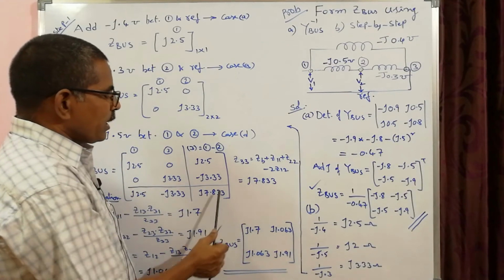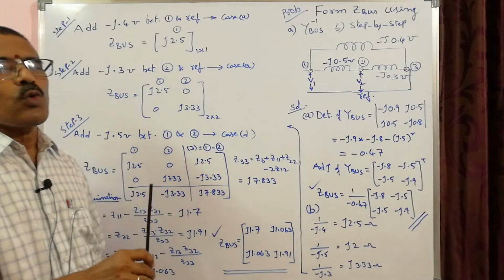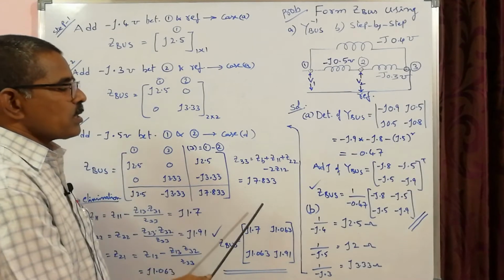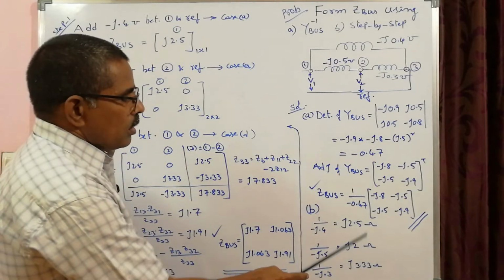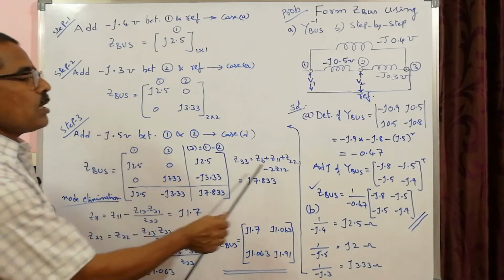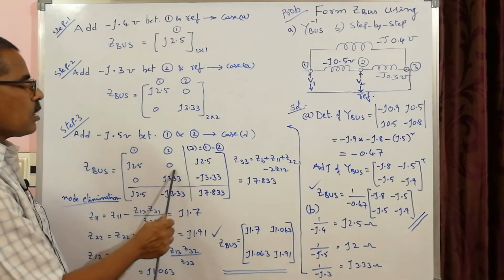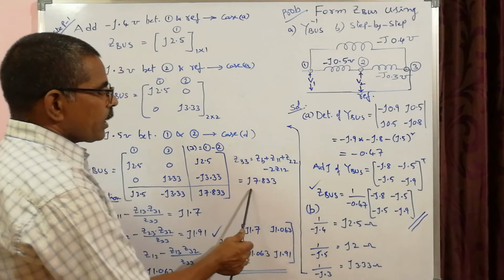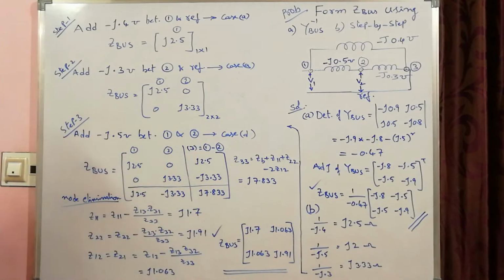So, Z33, this is ZB plus Z11 plus Z22 minus 2Z12. Okay, that is what is this. And if I substitute ZB, which is J2, and then Z11 is this, Z22 is this, Z12 is 0. Okay. So, substituting everything, I will be getting J 7.833, that is this.